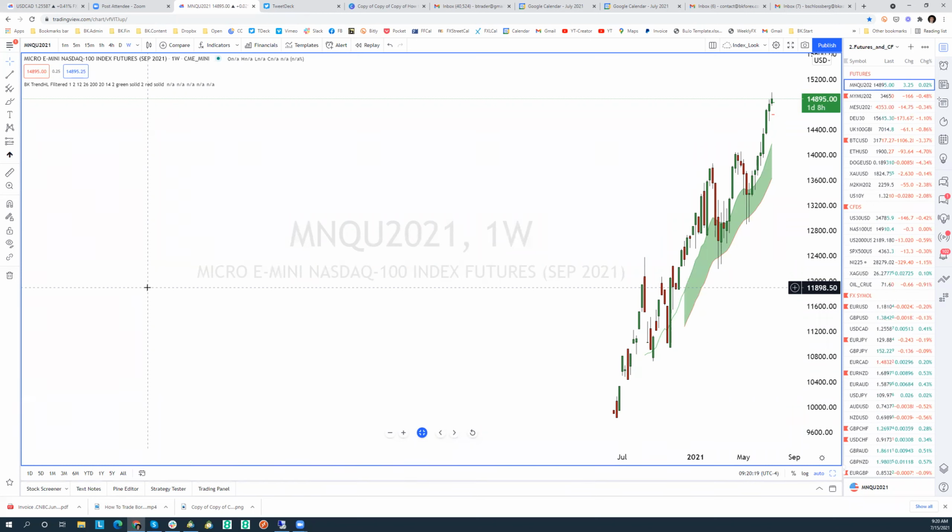You cannot tell me that this is not one of the most parabolic charts you've seen in a long time, and that we are due. I'm shocked if we don't take 15,000 and then come back down for a couple of thousand NAS points. I'd be shocked.